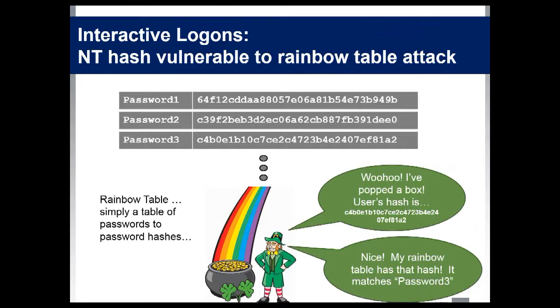So that's where you want to start getting into the longer, stronger passwords, into the 10, 12, 14 character passwords, if not higher. Really be thinking about it as far as pass phrases. Because at that point, it's just not feasible to create these rainbow tables that could have this huge number of passwords and password hashes.